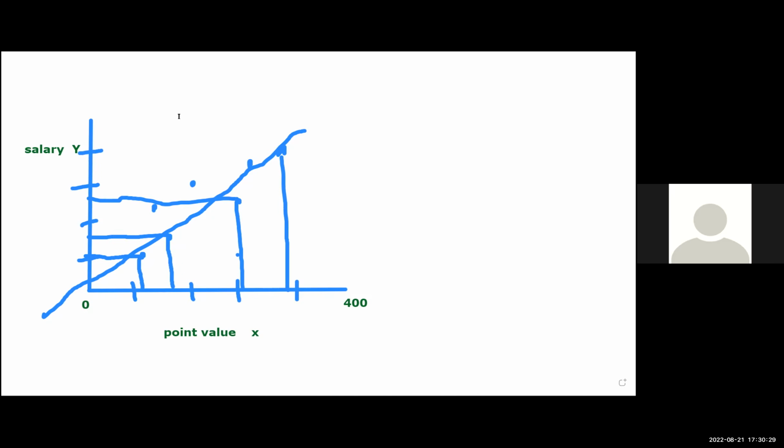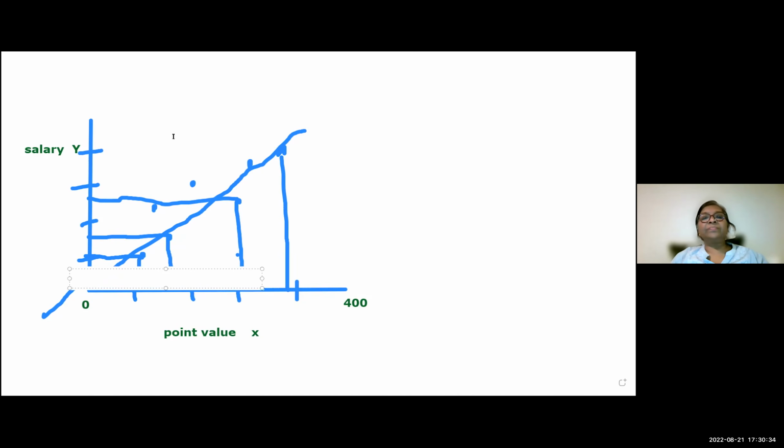Let me draw this. Say for example, this is one line and this is another line, best fit line, and then this is another line. So what is the slope with increase of every point?